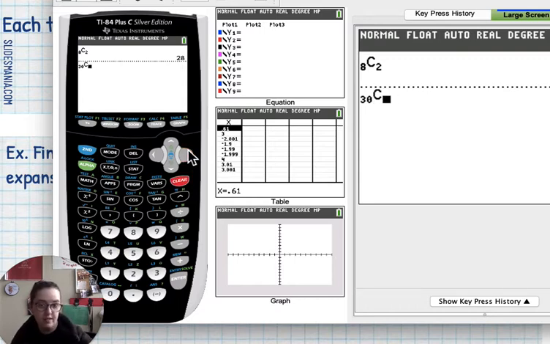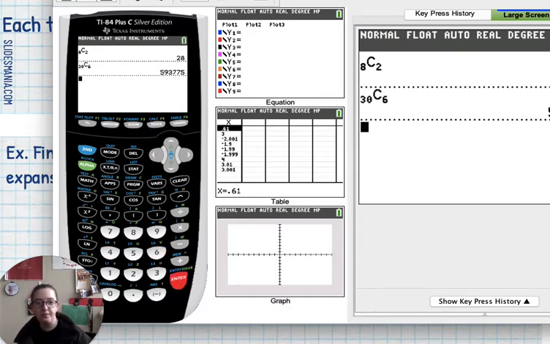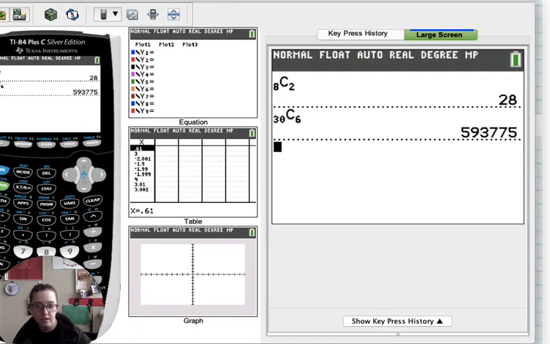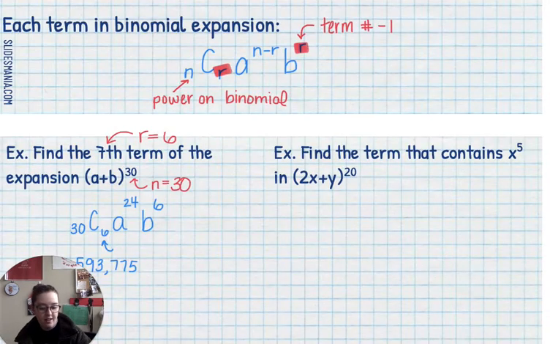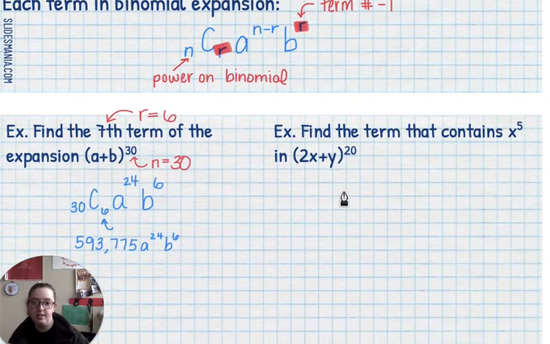Ooh, it's a big number. And we should be kind of expecting big numbers today. All right, so 593,775, a to the 24th, b to the 6th.